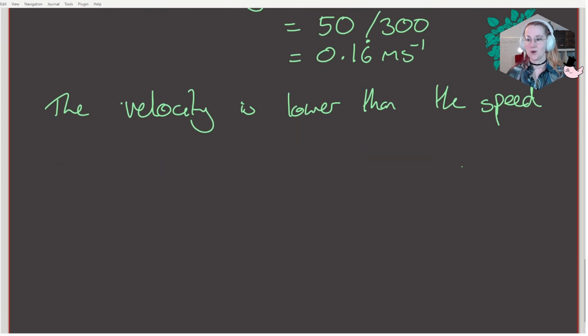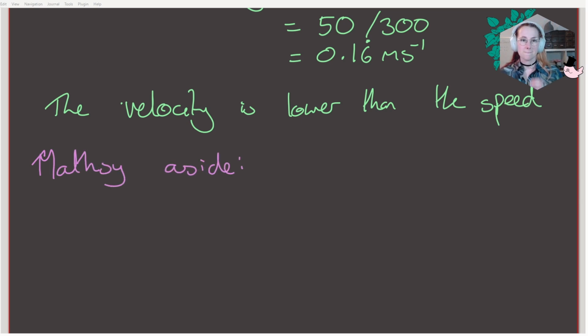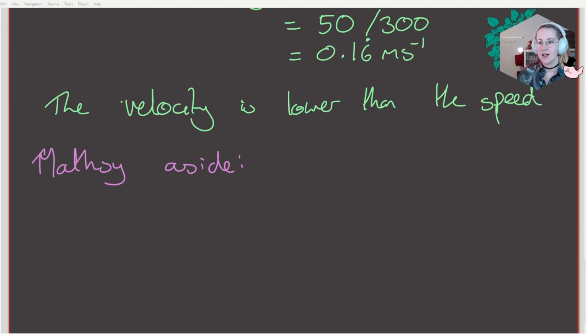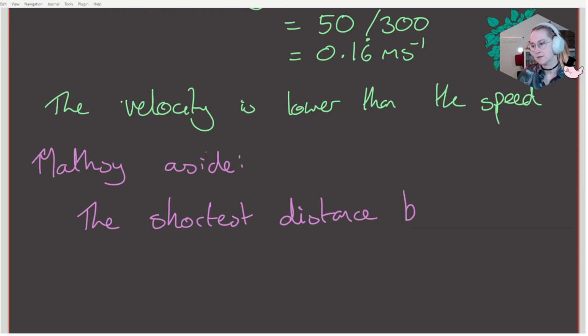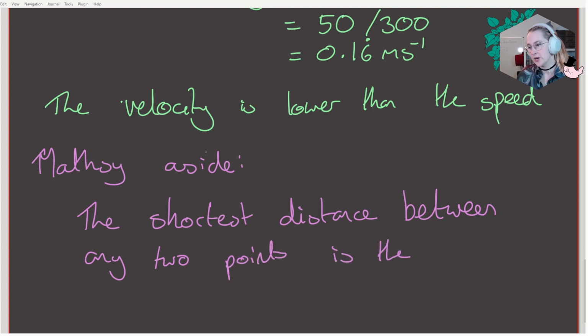Which kind of comes back to this whole, the shortest, I'm going to do a little mathsy segue. Mathsy aside. So the shortest distance between any two points is the straight line connecting them.